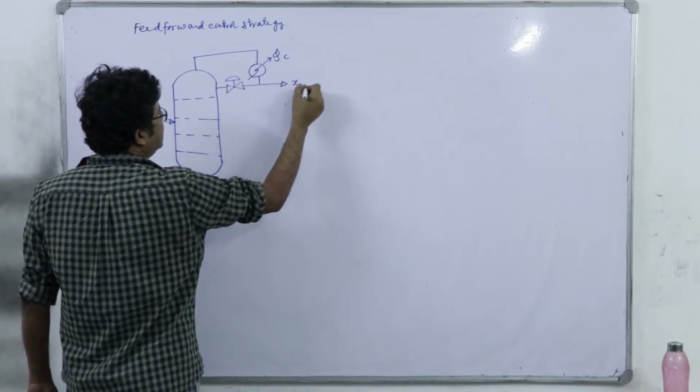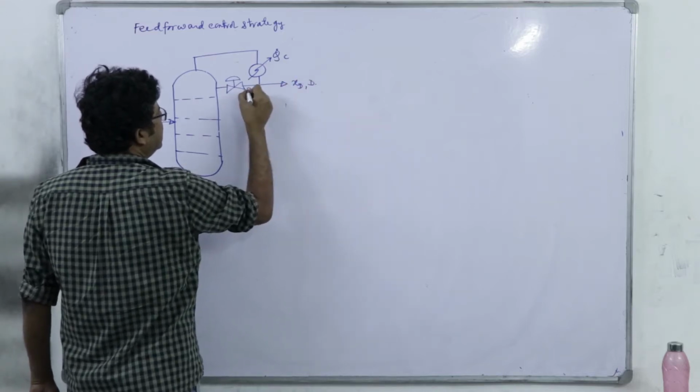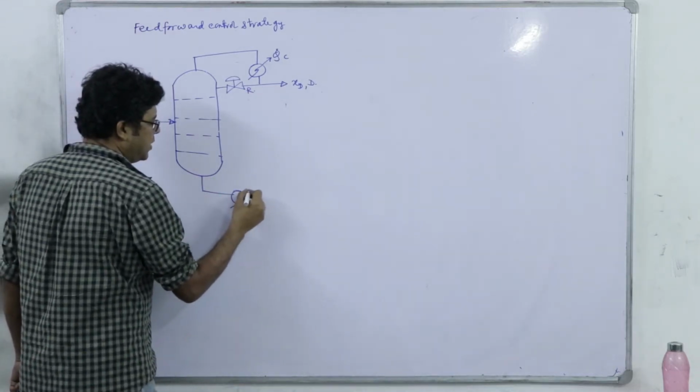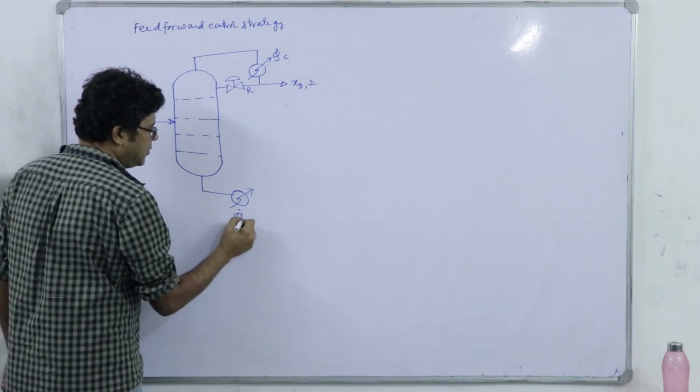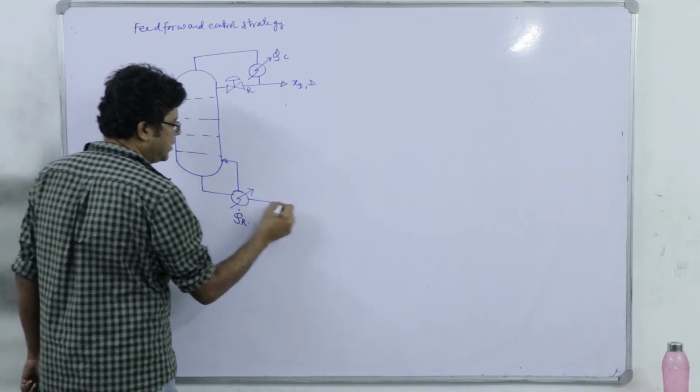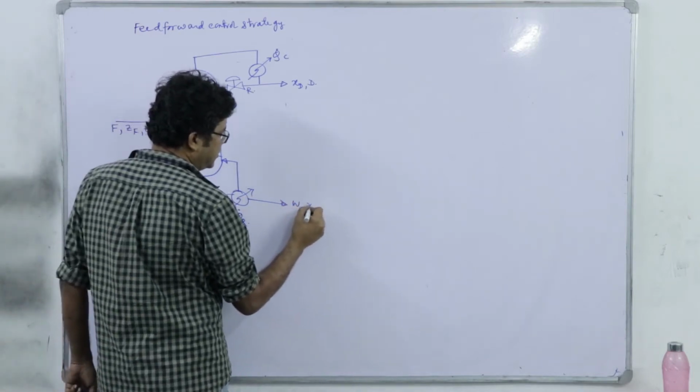This XD, D, and here it is R being adjusted. We have the partial reboiler, the heat input rate in the reboiler is Q dot R, generating the vapor, and we withdraw the bottom product.